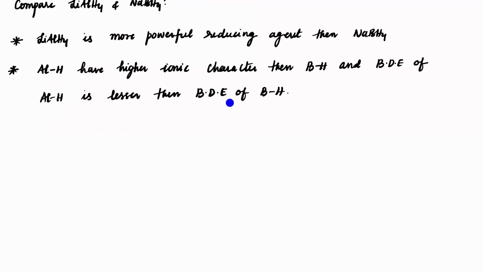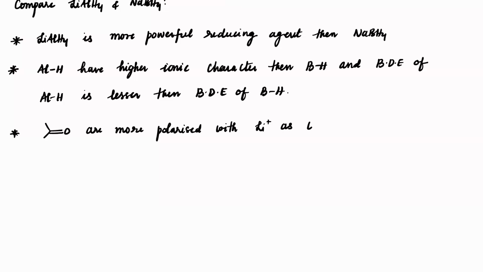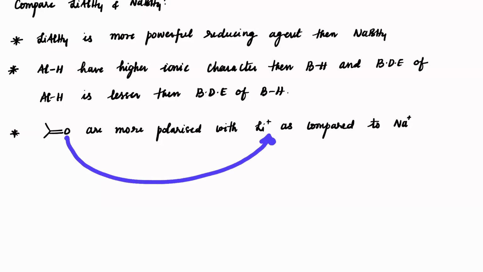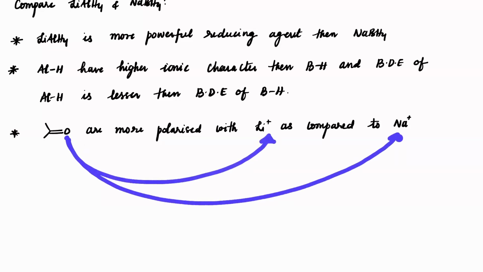The third important point is, any polarized bonds we have like this, these kind of polarized bonds are more polarized with lithium plus as compared to Na plus, because oxygen makes a stronger bond with lithium plus as compared to Na plus.